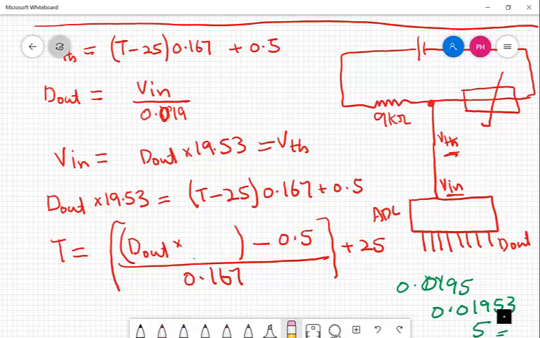This equation I will finally be using while writing my program.